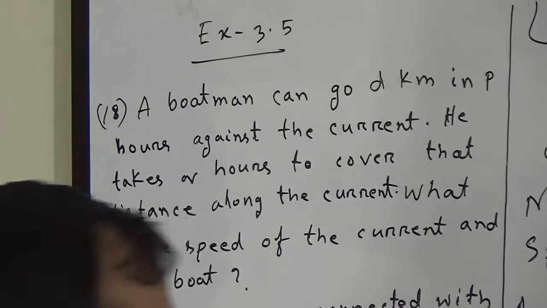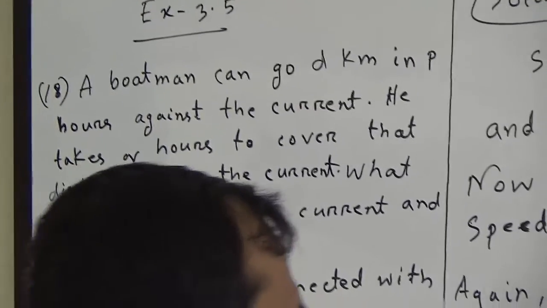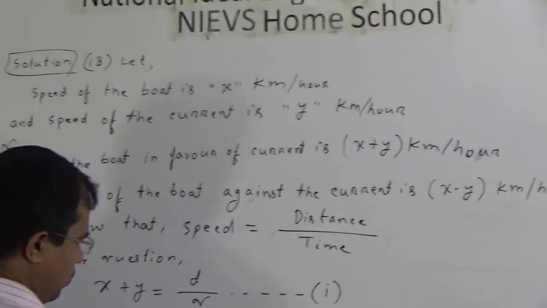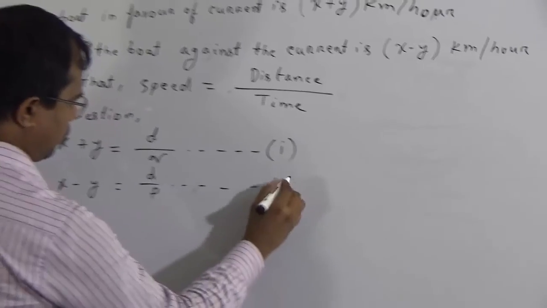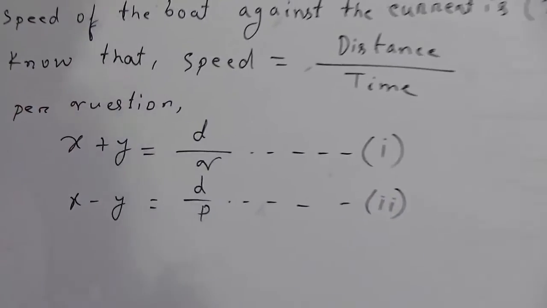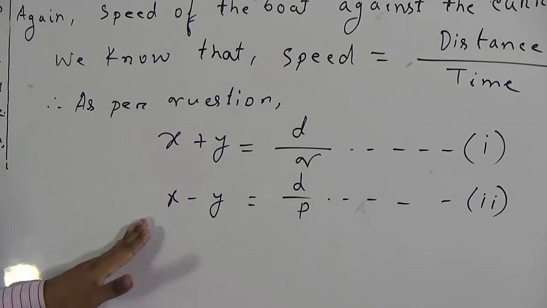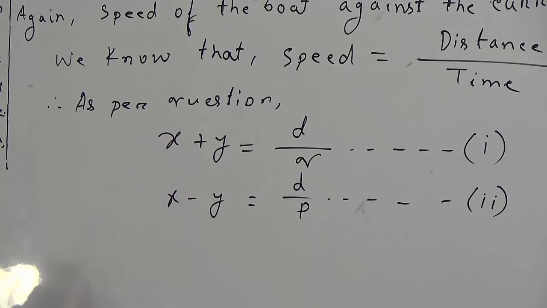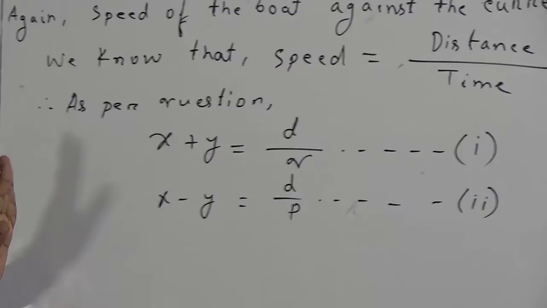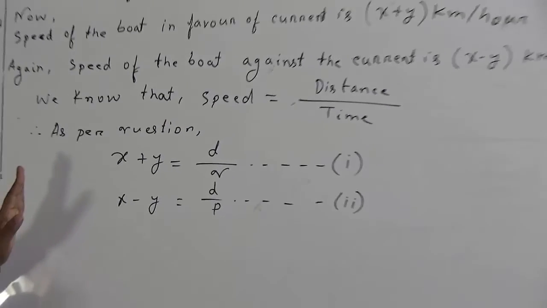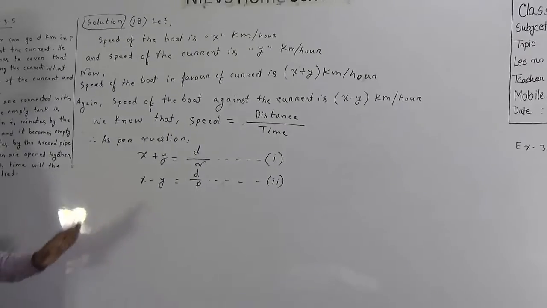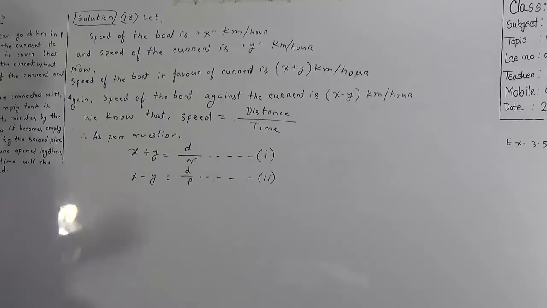That means we can write x minus y equal to d divided by p. It's equation number 2. Okay, dear students, now solving these two equations, we can find out the value of x and y. And x is the speed of boat and y is the speed of current. That means we can get the answer.